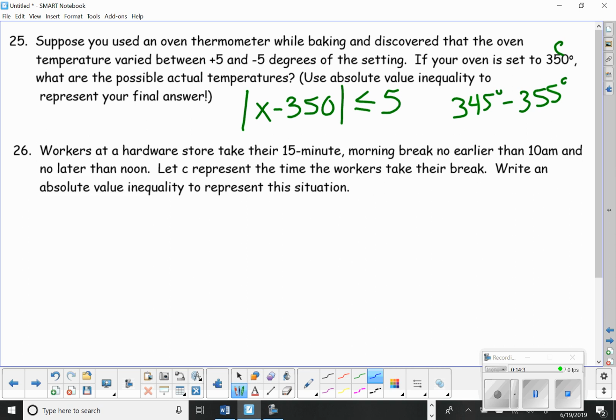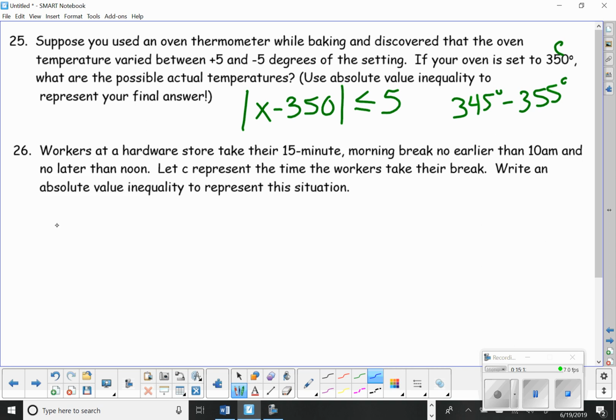Number 26. Workers at a hardware store take their 15-minute morning break no earlier than 10 a.m. and no later than noon. Let C represent the time the workers take their break. Write an absolute value inequality to represent the situation. Well, first you got to decide, are you working in hours or minutes? C represents the time the workers take their break. It's not the 15 minutes, it's what time do they start.